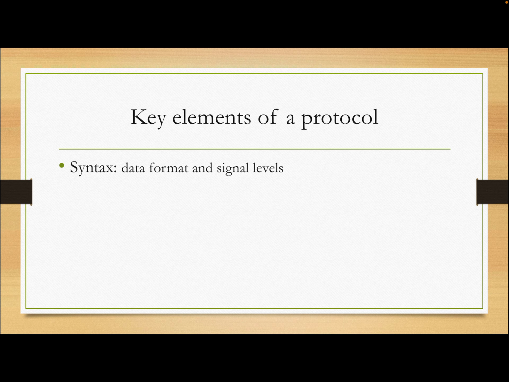What are the key elements of a protocol? There are three things. The first thing is syntax. If you have written some computer programming, you will know that you will see many times it show up as syntax errors. So if the format of the code is wrong, you forgot the semicolon or colon or something like that, it's going to show up as a syntax error.